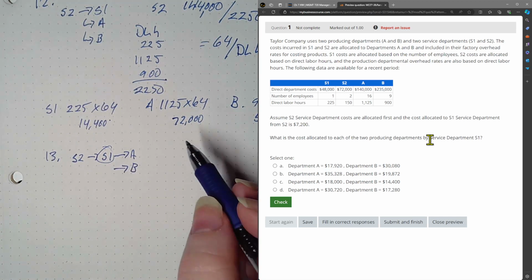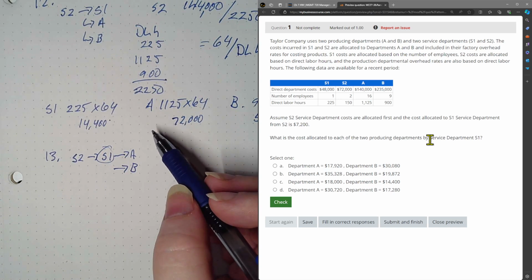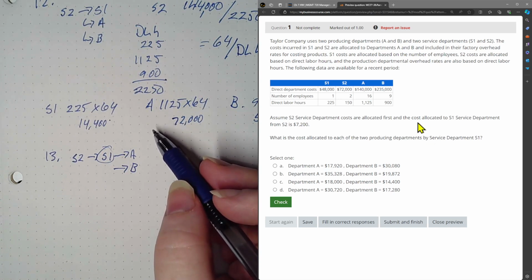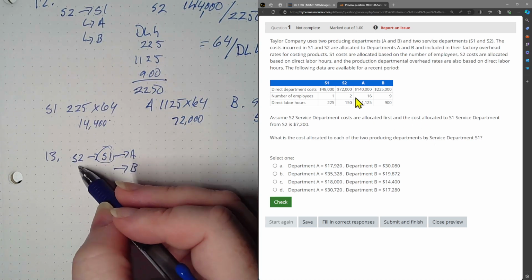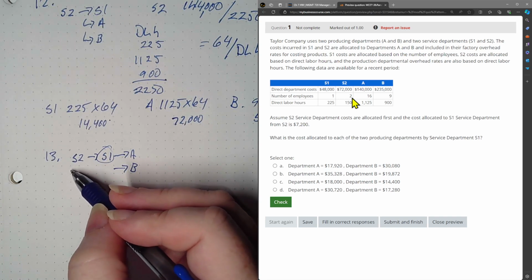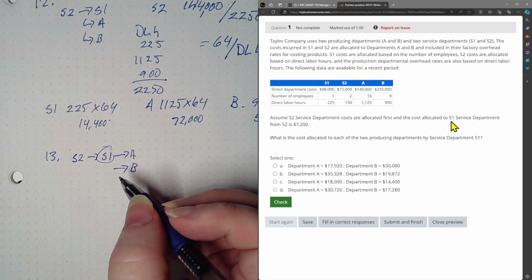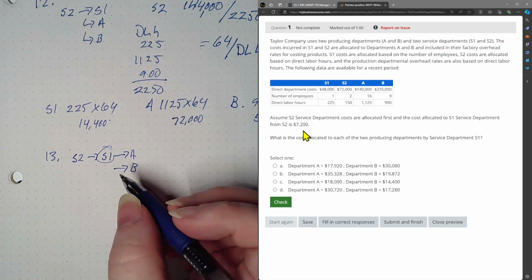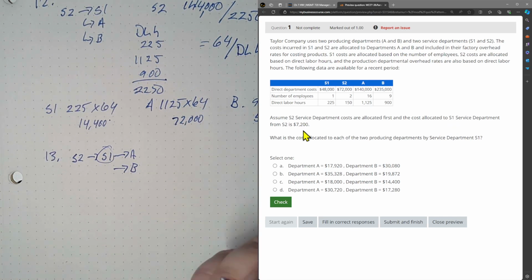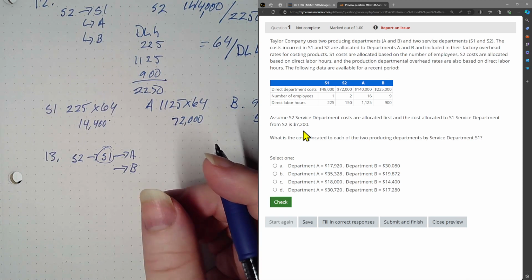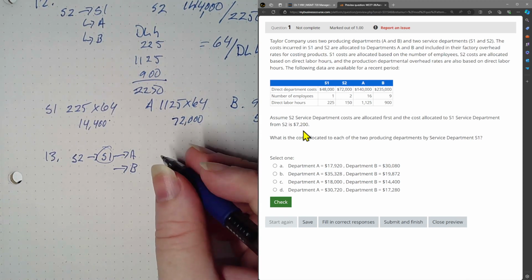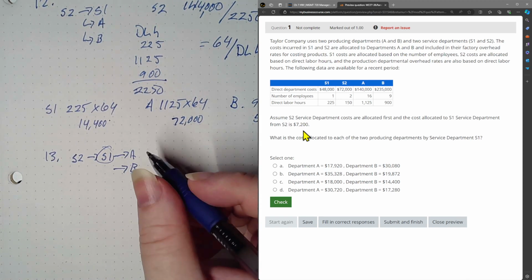Normally we would figure out how much of S2 is allocated to S1, but it's telling us 7,200. You know what? Just to do all the numbers, let's go ahead and double check and calculate that.